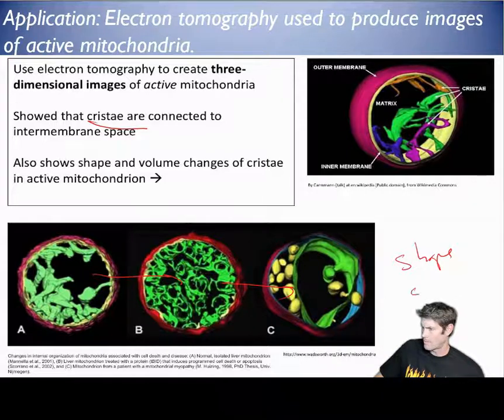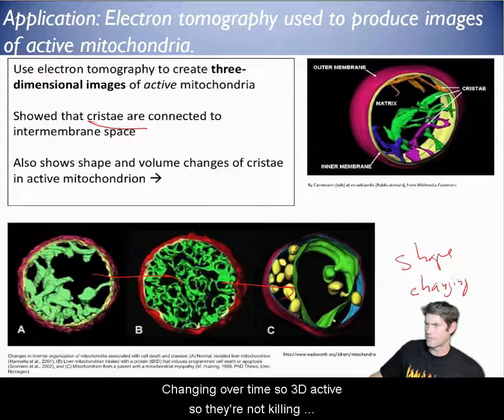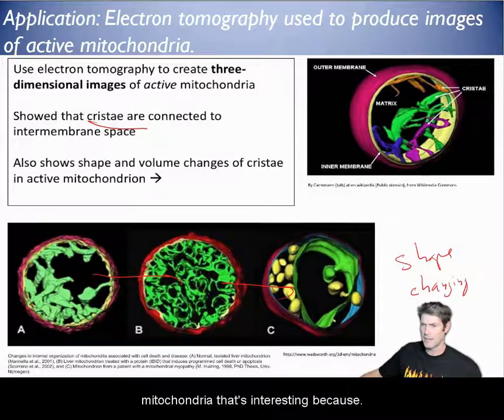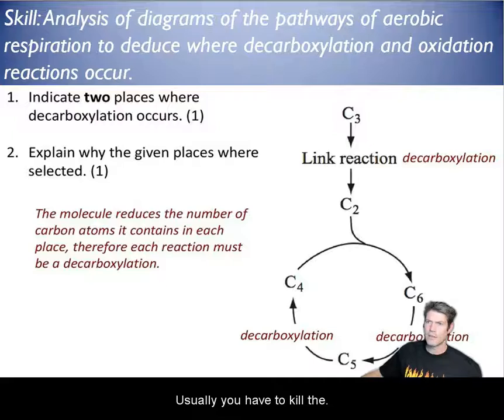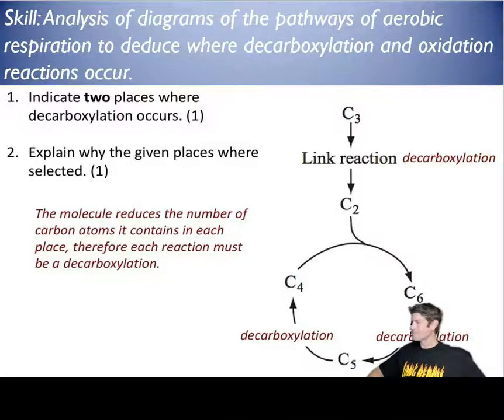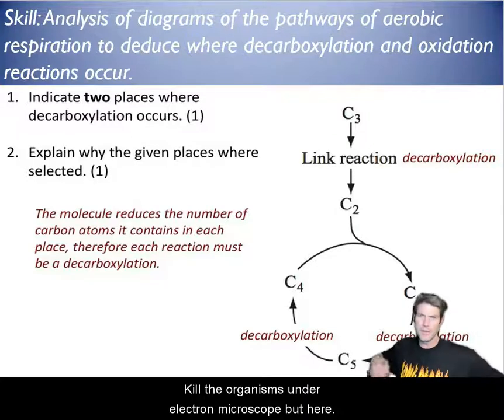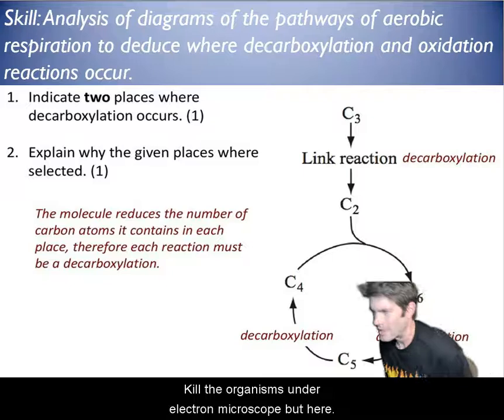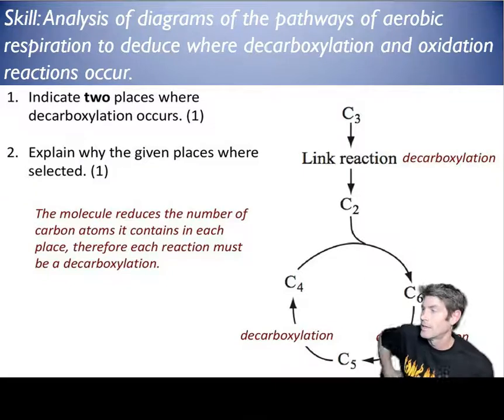Show the shape changing over time. So 3D active. So they're not killing the mitochondria. That's interesting because usually you have to kill the organism to view it under an electron microscope. But here, they don't have to.